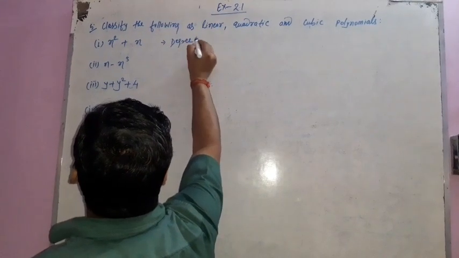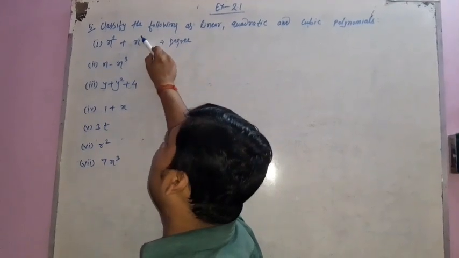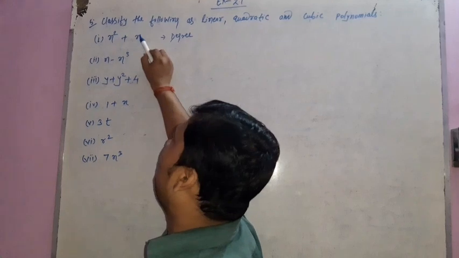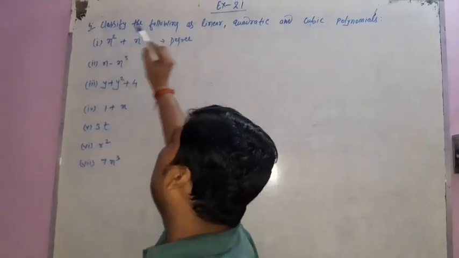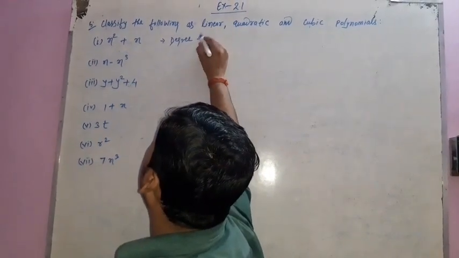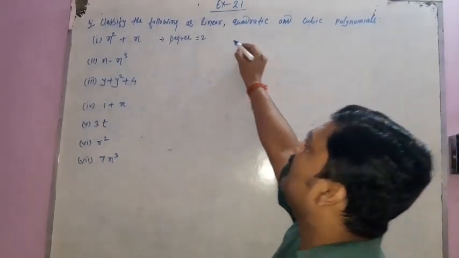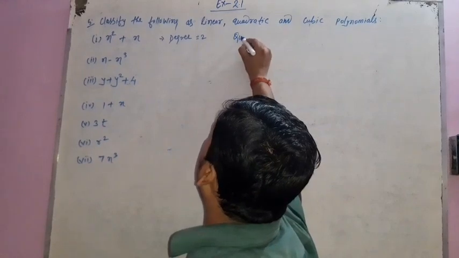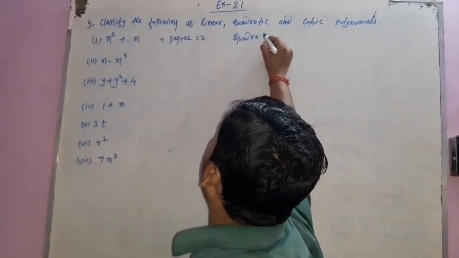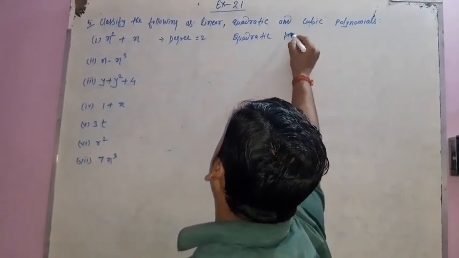You can very simply answer it. The degree of this variable is 1 and the degree of this variable is 2. So the maximum degree is 2 of the same variable. So the degree of the polynomial is 2. If the degree of a polynomial is 2, then it is called a quadratic polynomial.